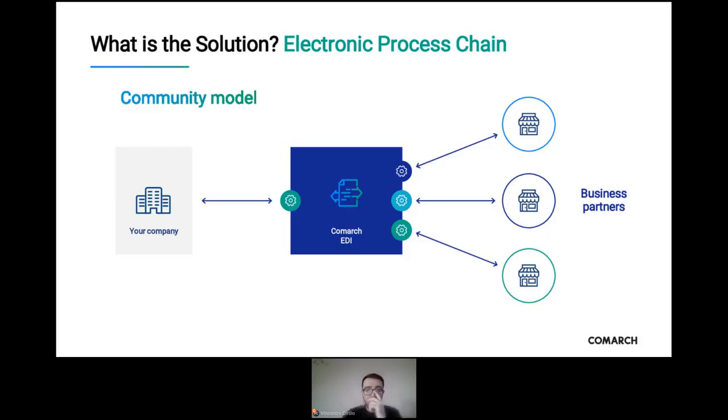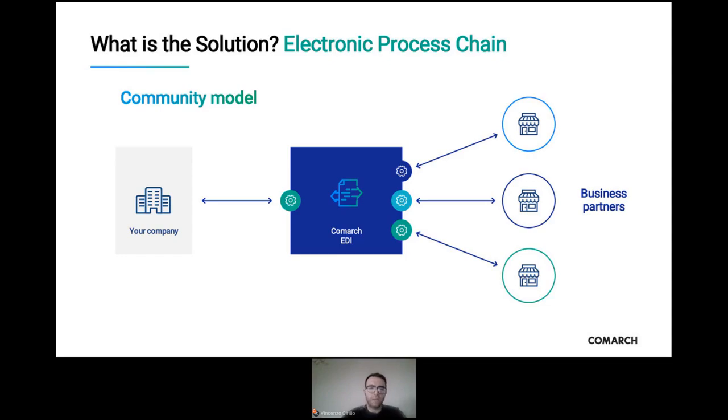And the solution, the electronic process chain, here you can see in this slide a community model. A community model is a B2B platform that enables safe, quick, and reliable data and document exchange covering a wide range of documents, as I said, like orders, invoices, and many other types of documents.